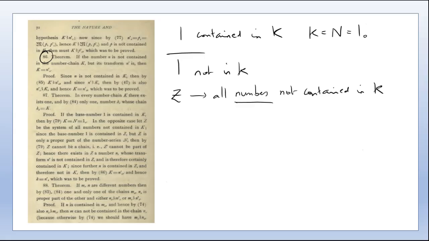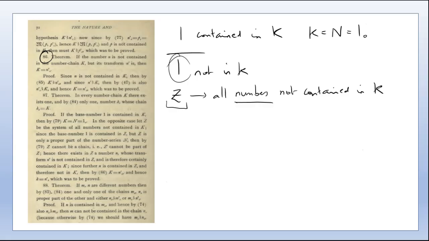So if Z were a chain, it might be a proper part of n, but because Z contains 1, since 1 is not in K, then by 79 it must be equal to n, which is not the case.